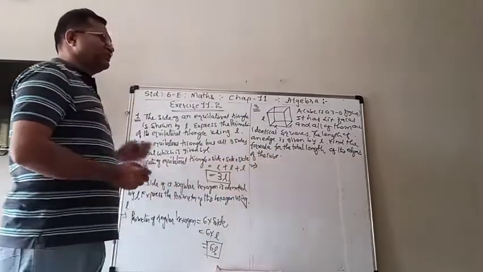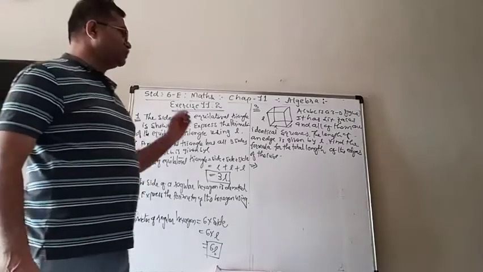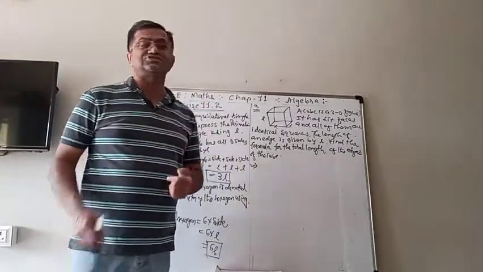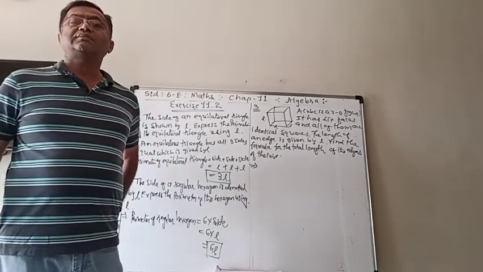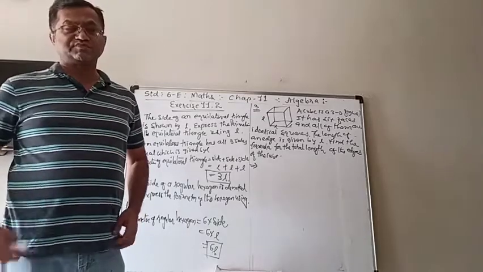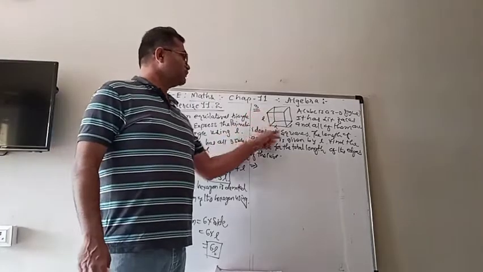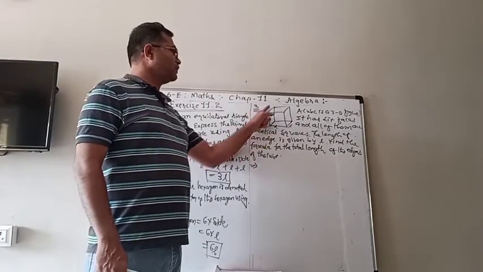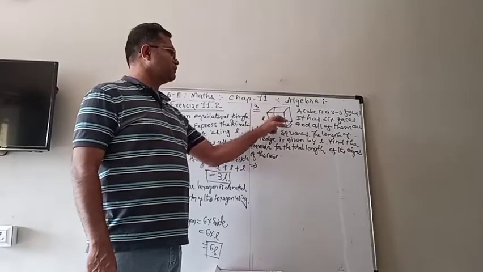Now, as we learned, here we have to find the total length of the edges. So first recall, how many edges does a cube have? Or you can count also: 4 in the front, 4 at the back, and then 1, 2, 3, 4.